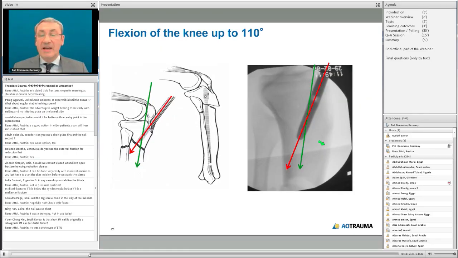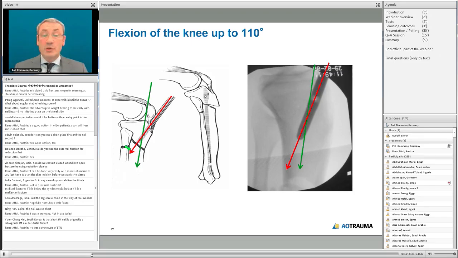The same is valid for the entry portal in the sagittal plane, excuse me. If you have an entry portal which is too anterior, and you see the red line showing us that, then the pathway of the nail will point towards the dorsal cortex.